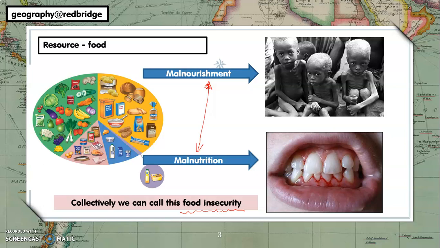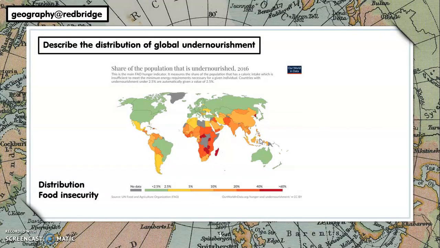So moving on, size 2. One of the questions that you'll normally be asked is to describe the distribution of global undernourishment. And again, if we look at undernourishment, we can put that key term in there, food insecurity. Now, typically in the exam, you will get at least one of these maps, and we call this a choropleth map.